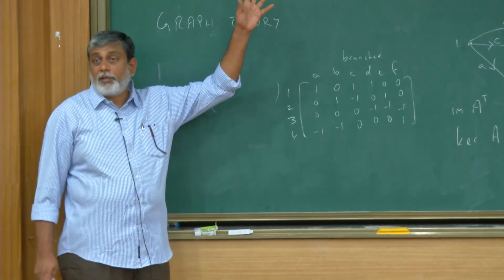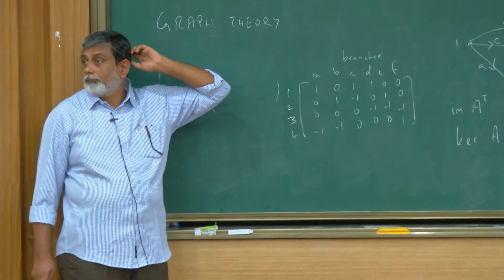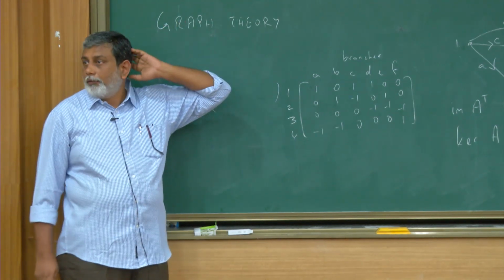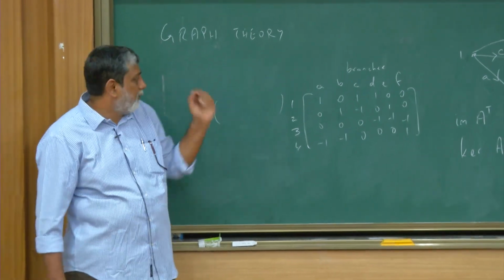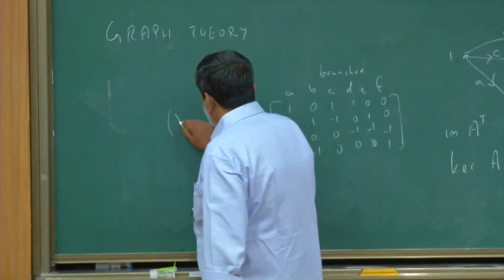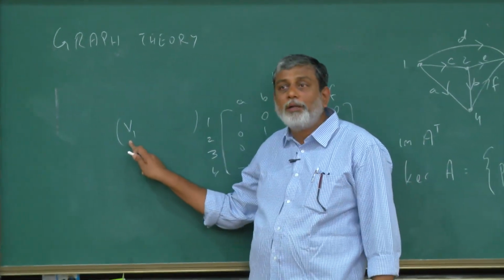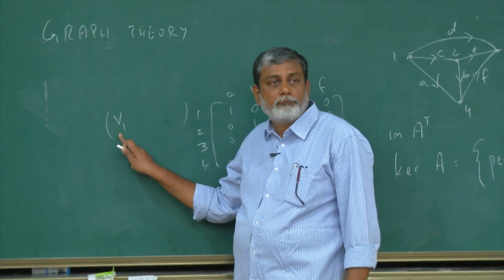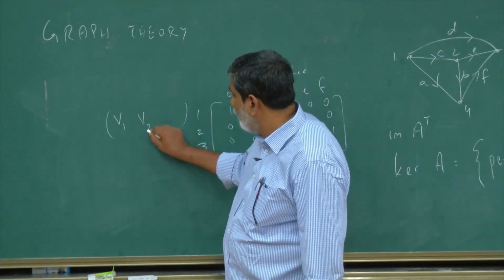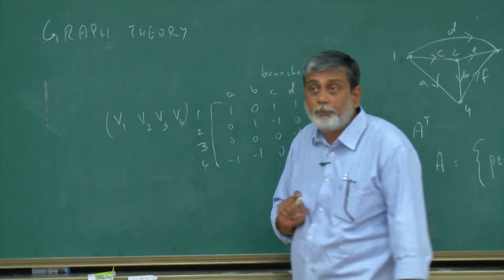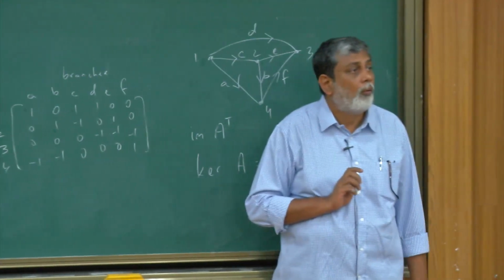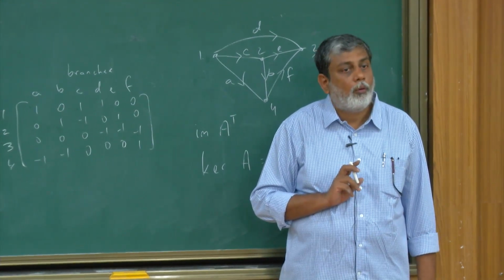As far as our graph is concerned, there were 4 nodes. Yeah? So for electrical engineers, of course, these 4 nodes, they can call the first one the potential at node 1, second one potential at node 2, third one potential at node 3, fourth one potential at node 4. Okay?